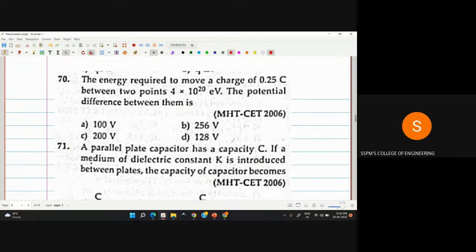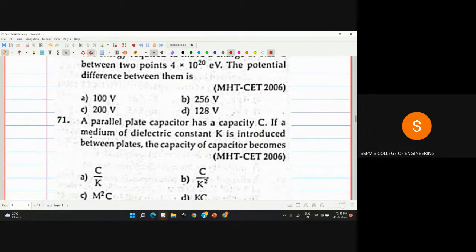The energy required to move a charge of 0.25 coulomb between 2 points is 4 into 10 to the power 20 electron volt. The potential difference between two plates काढायचं आहे. आता हे एक्झाम्पल सॉल्व करण्यासाठी तुम्हाला एनर्जी स्टोर्ड आणि एनर्जीची इक्वेशन्स माहित पाहिजे.